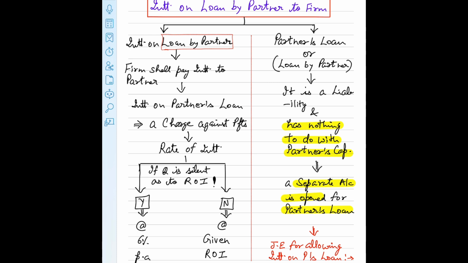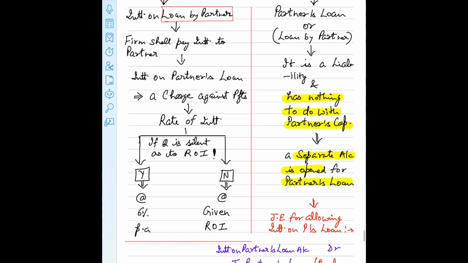Two things are involved. One is expense, that is interest on loan by partner. Firm shall pay interest to the partner, and interest on partner's loan is a charge against profits. Whatever is a charge against profits has to be paid, whether or not it results into a loss to the partnership firm.